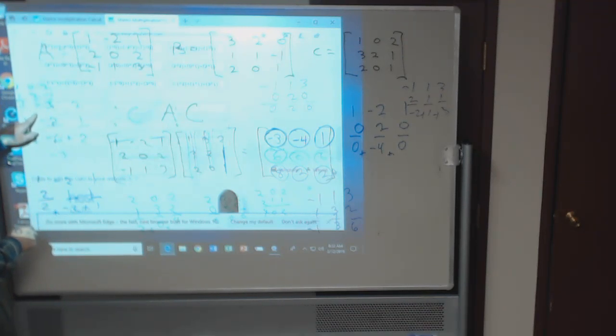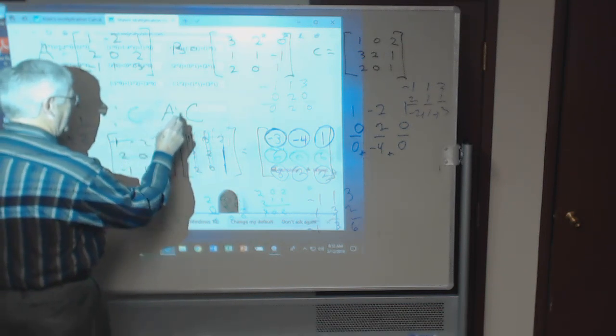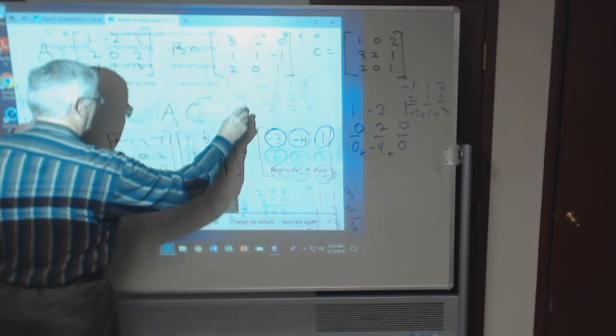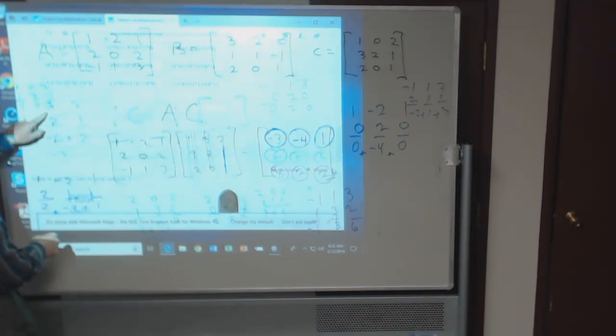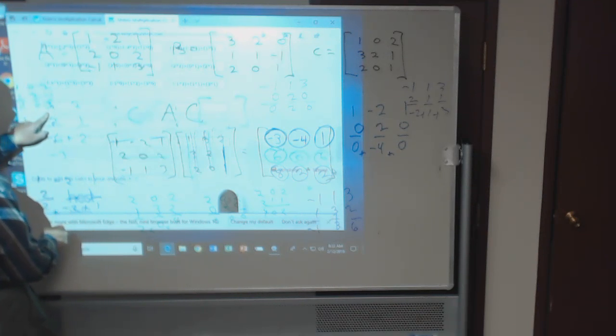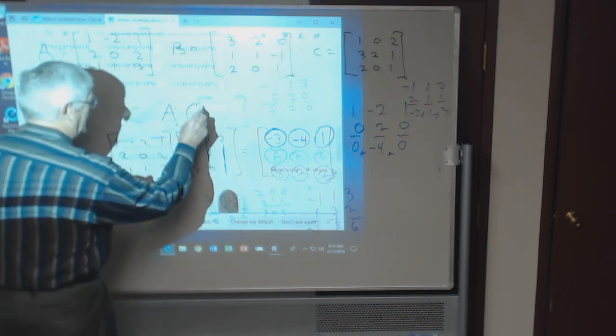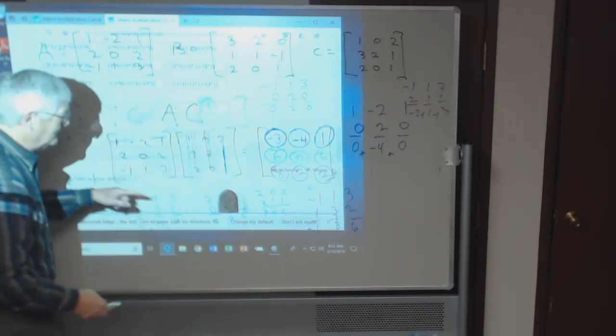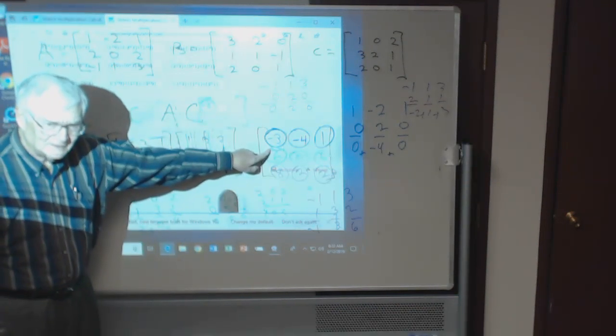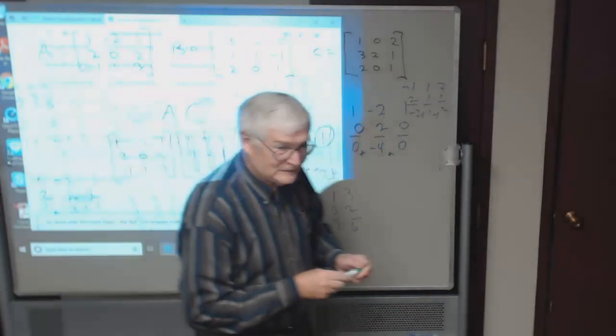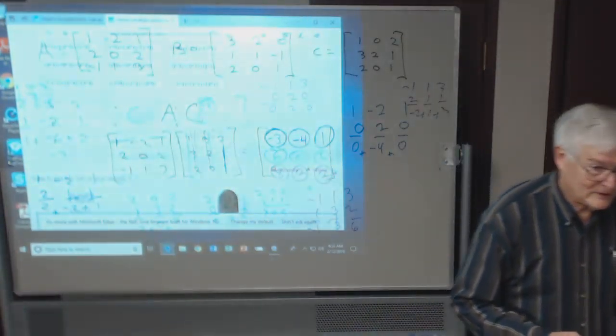The first number for C times A would be 1, 0, -2. Whoops, that doesn't match this, does it? So if you switch the order, you get different answers.